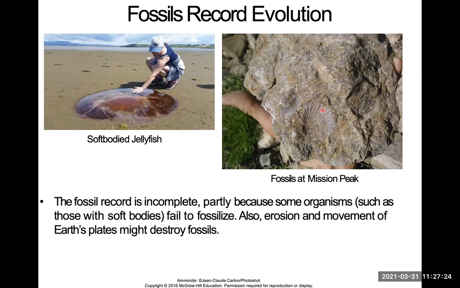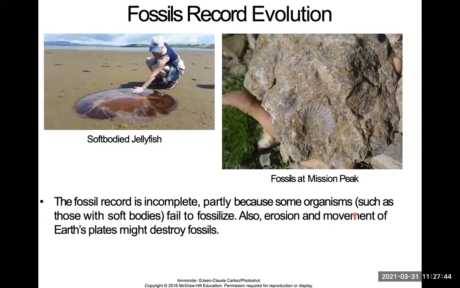If it's an organism that has a hard shell that can get fossilized, you'll have evidence for that organism. So that's why it's kind of biased, depending on if it can even get fossilized.